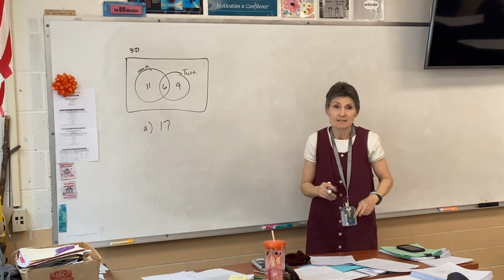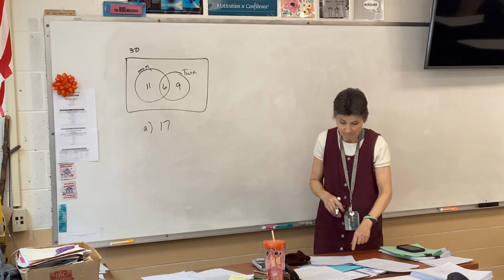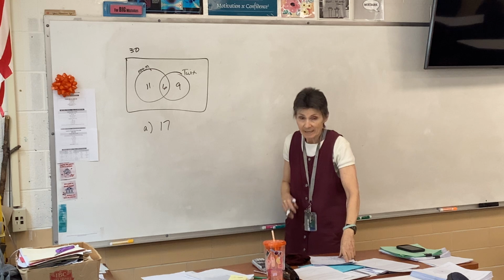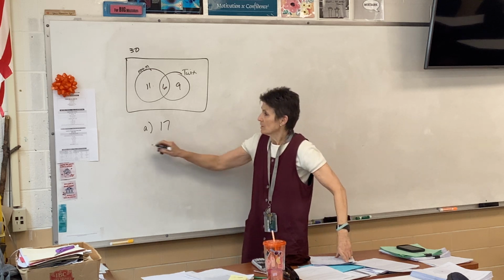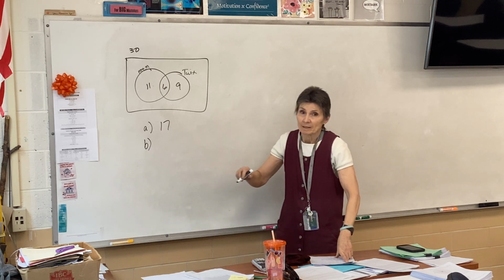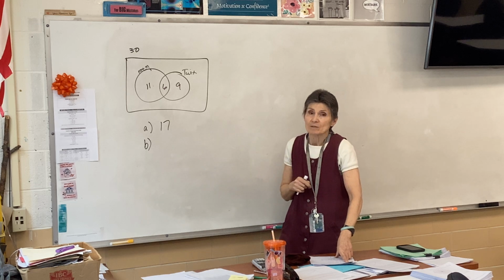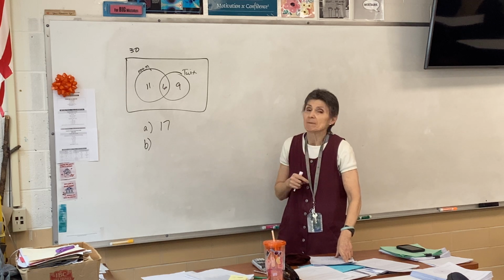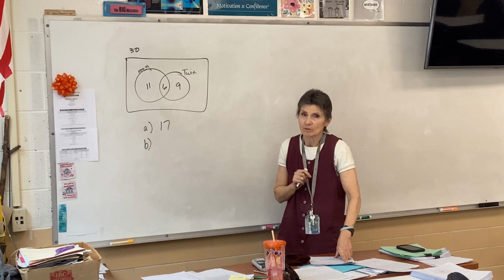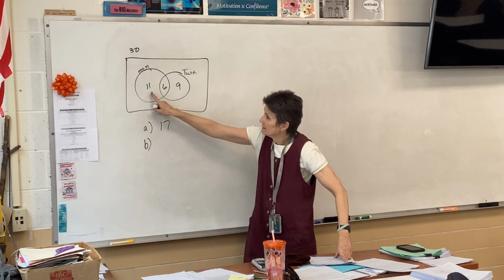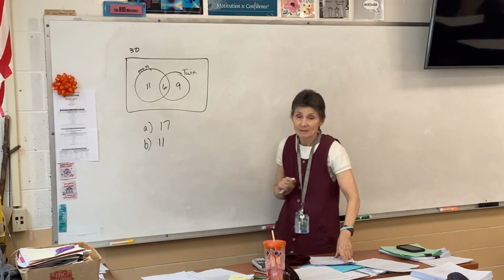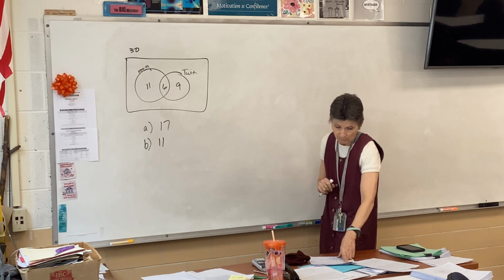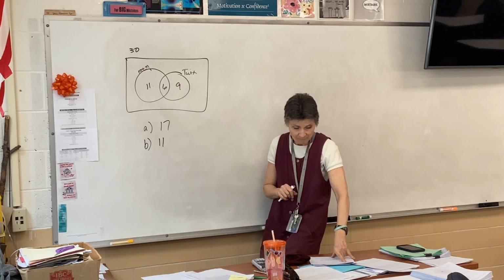There are 17 kids inside the M&M ball. Now, how many like only M&Ms? Well, that's a different question. If you like only M&Ms, then you're inside the M&M ball, but not inside the Twix ball. So that would be these 11 right here. Those 11 like only M&Ms.